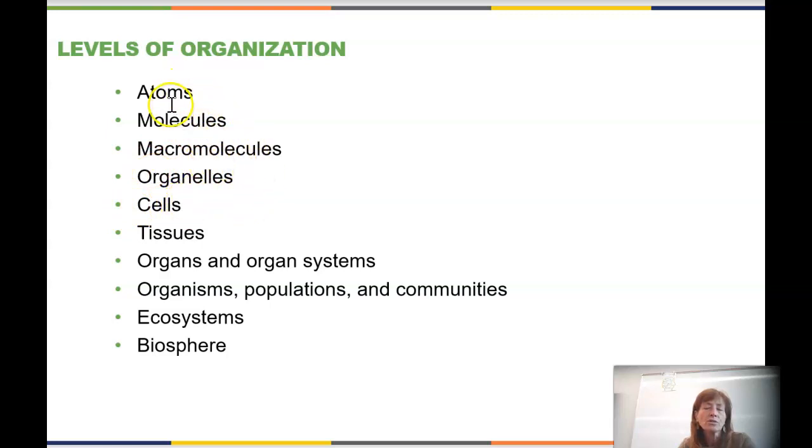So we need to take into account that we can look at all living things from the atomic level. What are the atoms or the elements that make them up? And how do those build larger things we know as molecules? What kind of molecules do living things have? What are these things called macromolecules? How do some of these form small structures we now call organelles? So these are levels of organization.